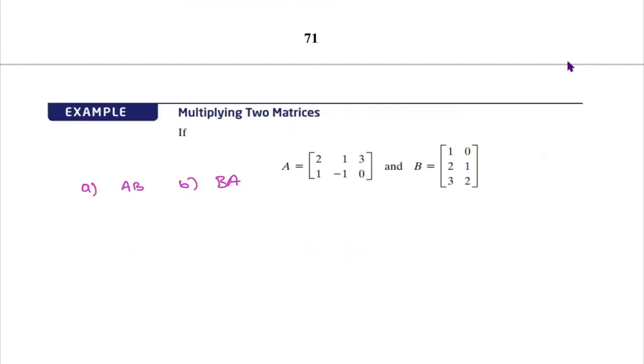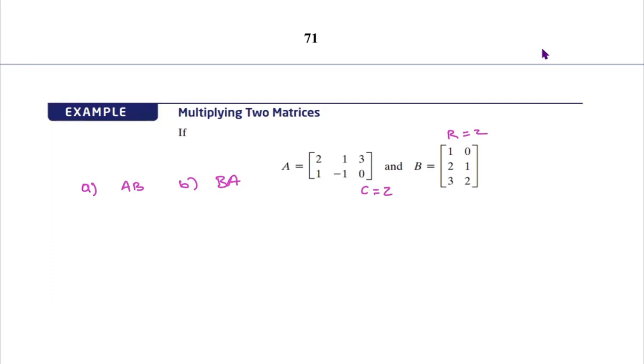So we're going to try to see if the number of columns here is the same as the number of rows here. Number of columns is 1, 2, so number of columns is 2 and number of rows is 2 as well.